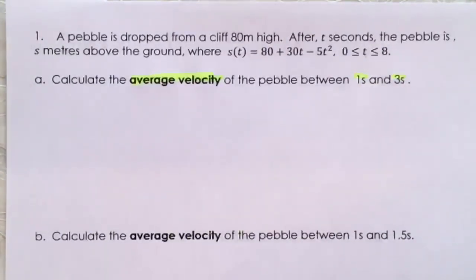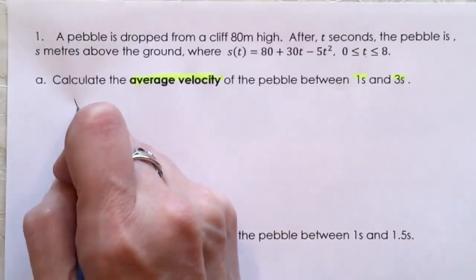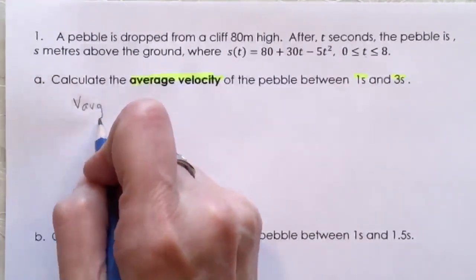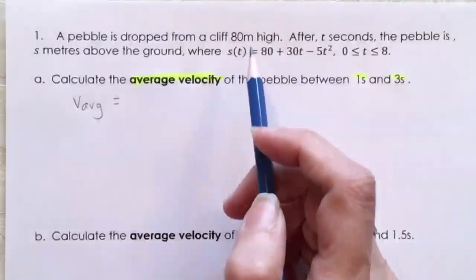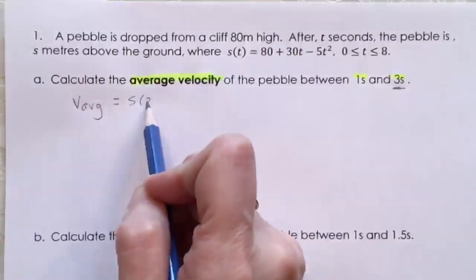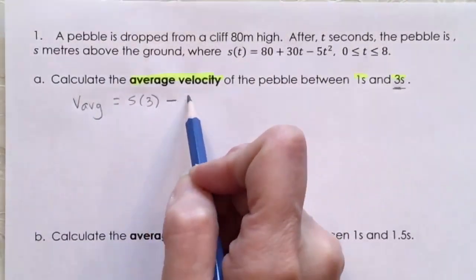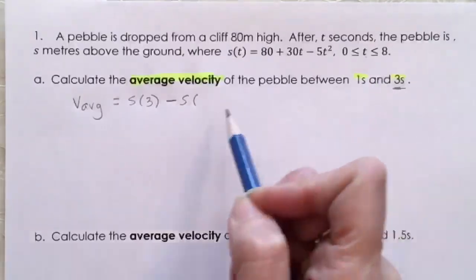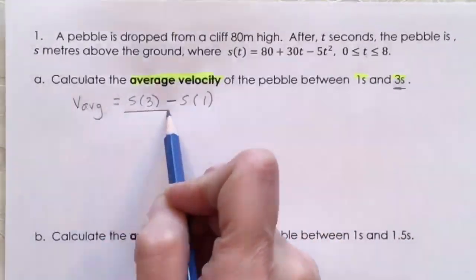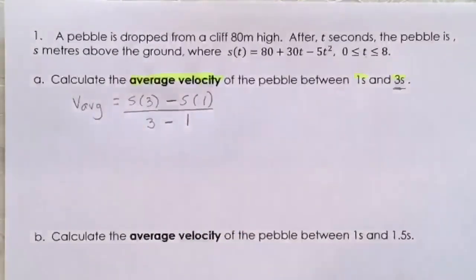To find the average velocity, we could do a formula, and since it's velocity, we might as well use V average. So that's going to be s at 3, our position at time 3 seconds, minus our position at time 1 second, over 3 seconds minus 1 second.